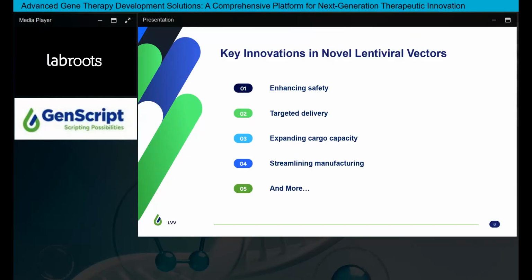The advantage focuses on four crucial areas: enhancing safety, targeted delivery, expanding cargo capacity, streamlining manufacturing, and even more.